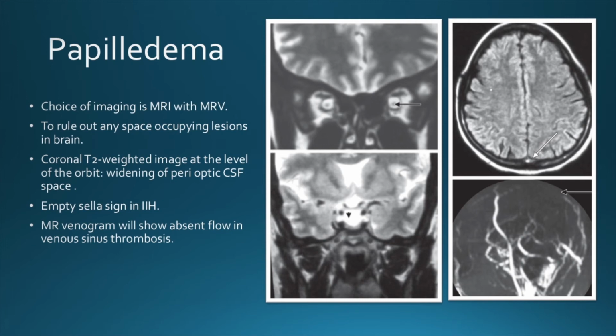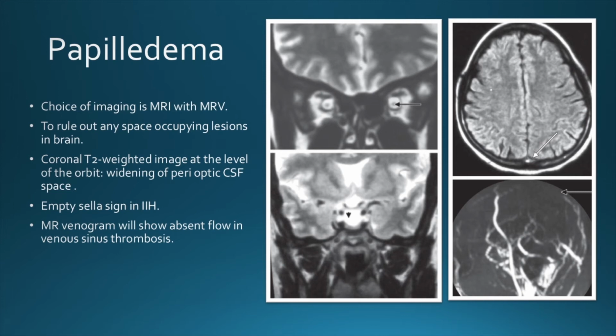To rule out cerebral venous thrombosis, MRV is done. Here in the MRV image, we can see the absence of venous integrity, suggestive of sagittal venous sinus thrombosis.